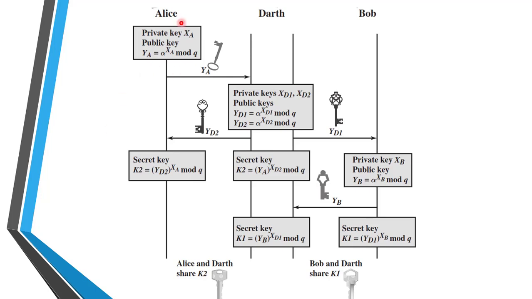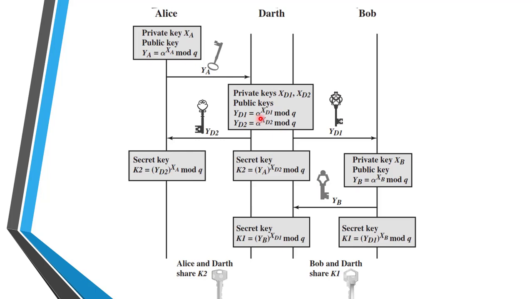As we know, Alice has her private key xa, and she has calculated her public key ya equal to alpha raised to xa mod q. After that Alice transmits her public key to Bob, which is intercepted by Darth, who has generated two private keys xd1 and xd2, and has the public key elements yd1 and yd2.